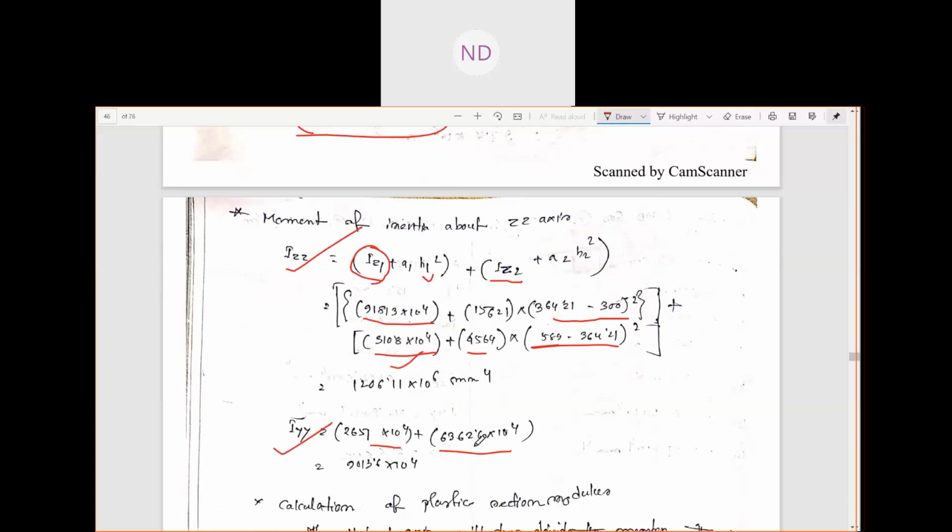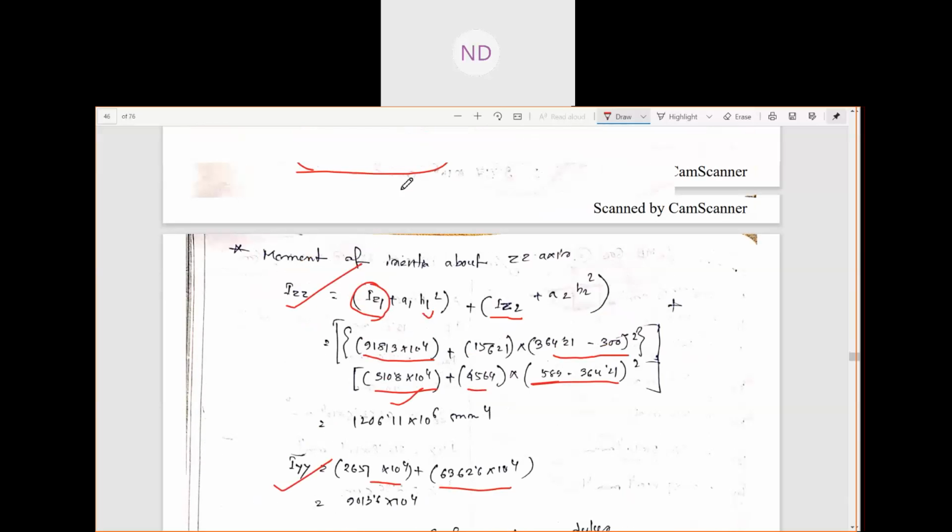Now see one more thing. You may ask why here in z-axis we have considered I plus A h1 square, but here directly we have applied the moment of inertia from the properties. Why? Because you see along the y-axis this is symmetrical. Here if you cut it here, you will see this side is same as this side, so it is equal.